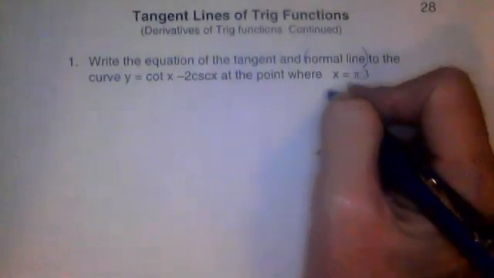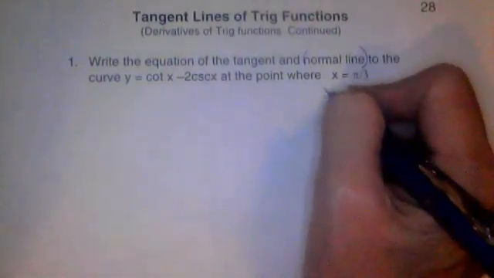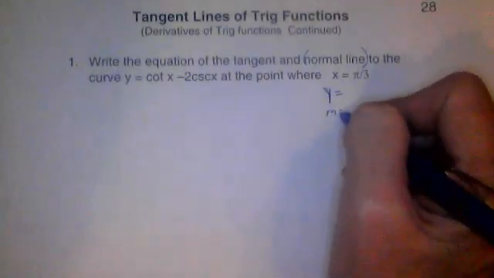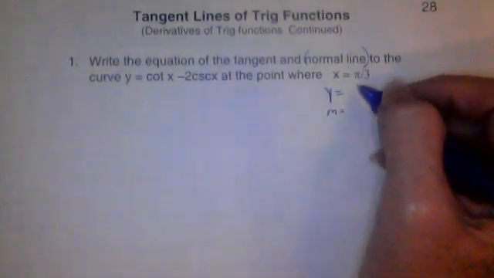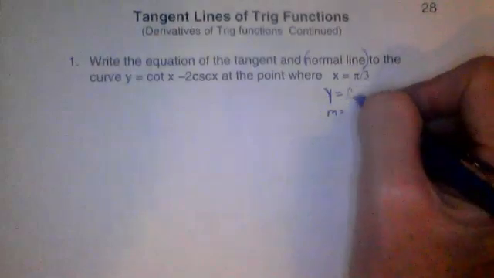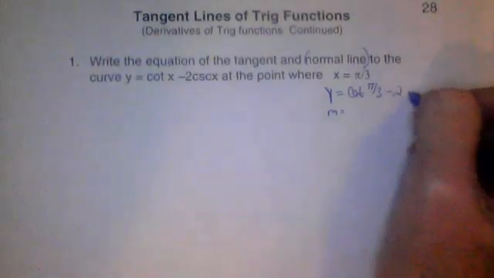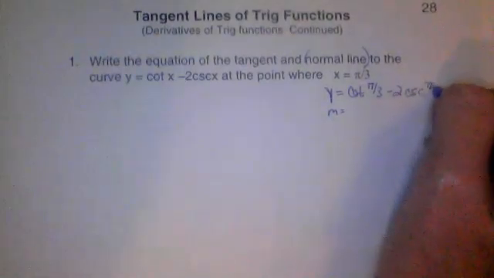So we know that x is pi thirds. We need to find y, the y value at pi thirds, and then we're going to find our slope at pi thirds. So for our y value, we're going to plug into this function. We're going to have cotangent of pi thirds minus 2 times cosecant of pi thirds.